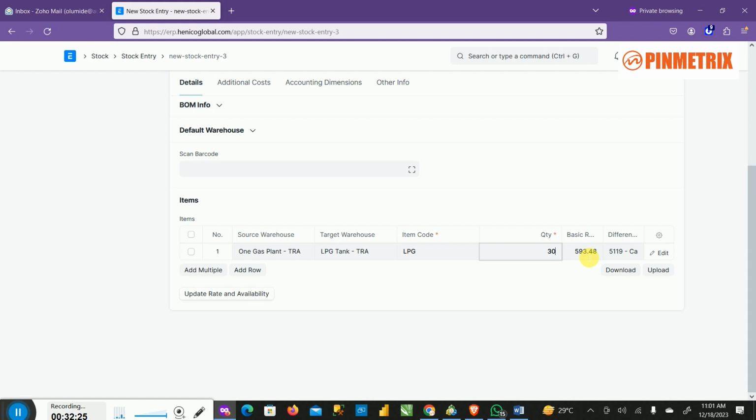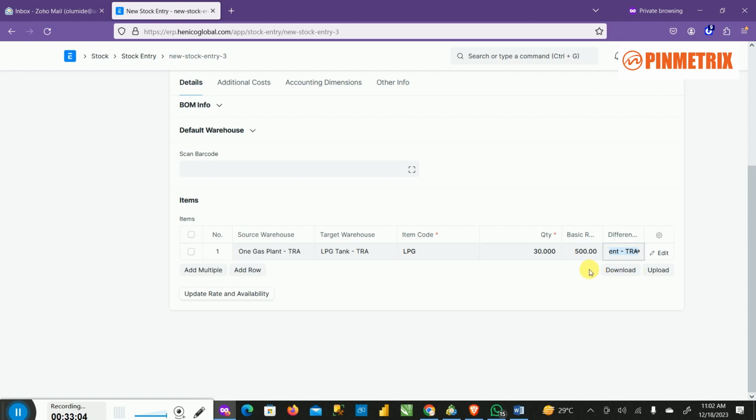But for stock inflow, you can change the rate, as that shows the rate at which it is coming in. The rate at which it is going out, the system will automatically determine for you, depending on the costing method you are using. Either FIFO or weighted average, but for this client we are using weighted average. So even if you enter anything here, for instance, let me just say 500.